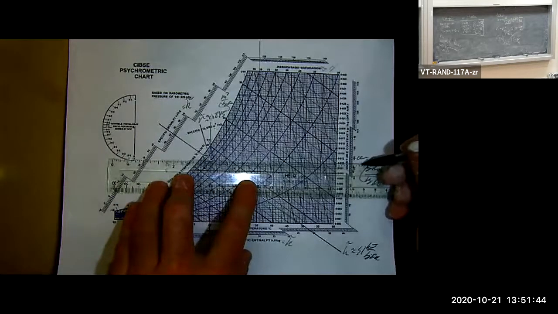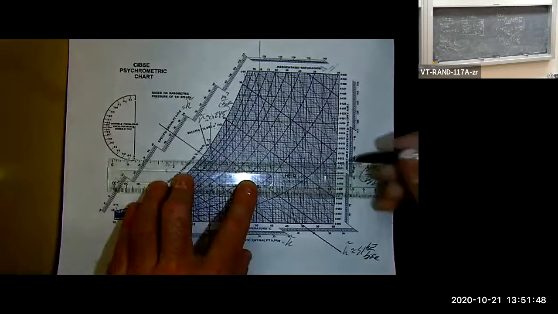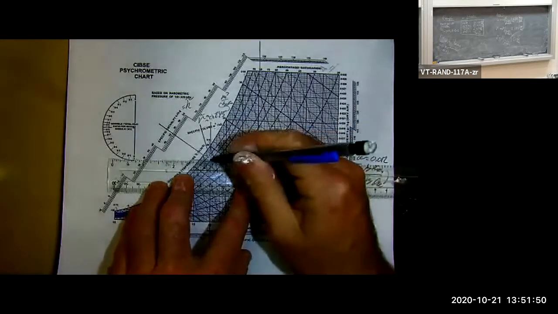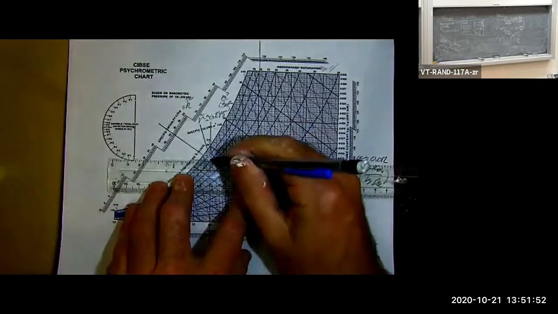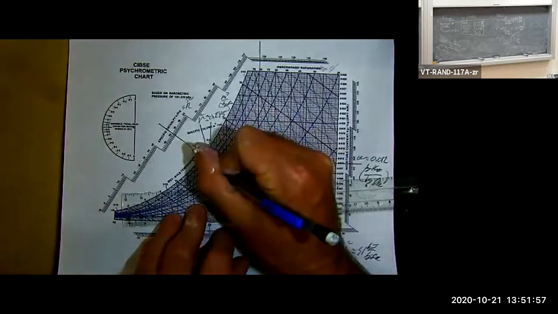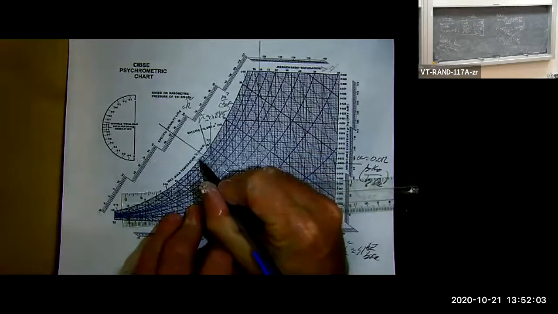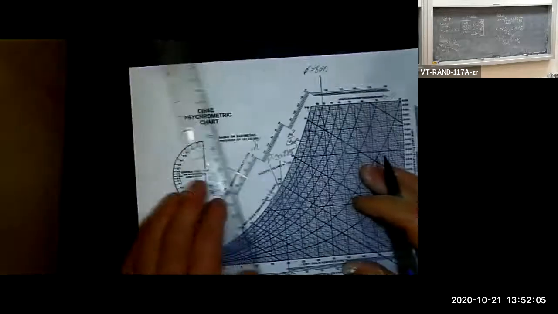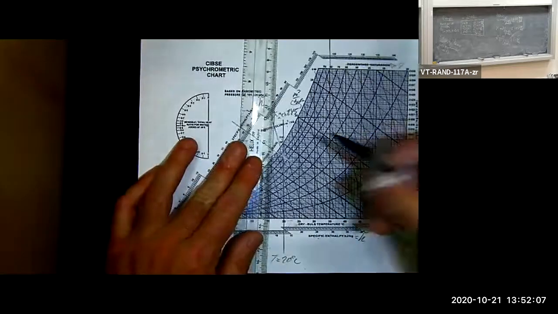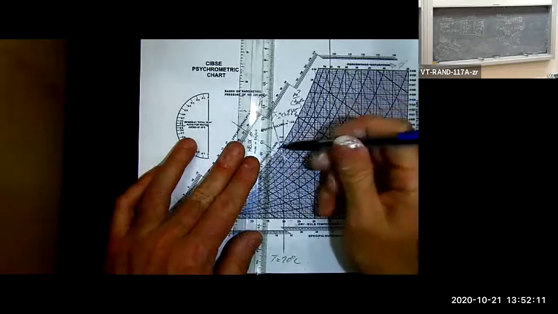So I'm moving along this horizontal line, constant absolute humidity. I'm going to start off at my state for the room, and cool the room down until I get to a relative humidity of 100%. And then I'm going to go down to my temperature axis.